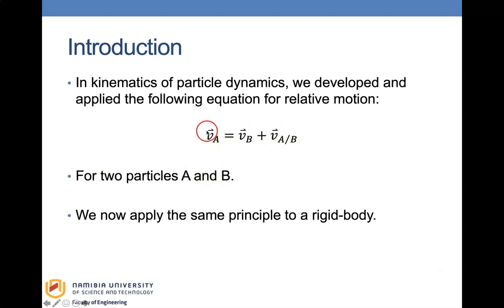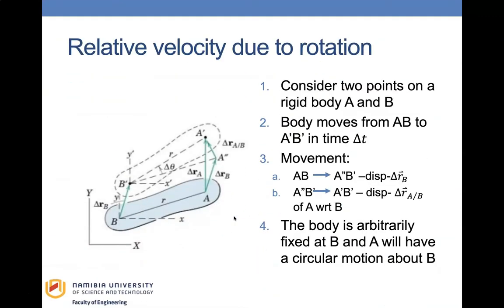The velocity of particle A in vector form will be the vector velocity of particle B plus the velocity of particle A with respect to B, where you have to choose your reference axis, of course. We now apply this same principle in the rigid body. We see how this is applied in rigid body.